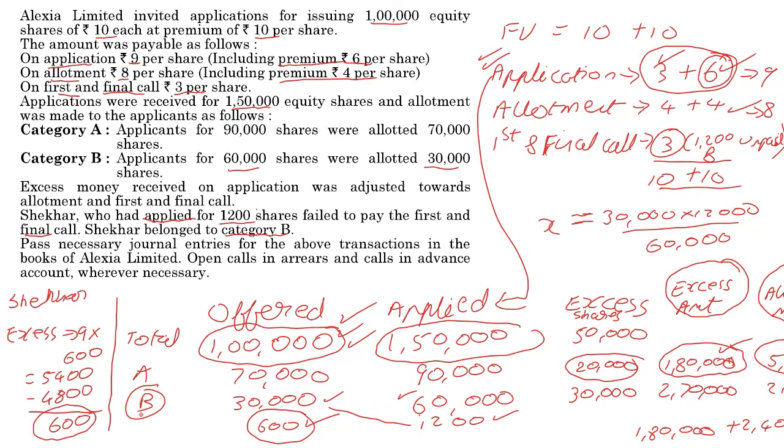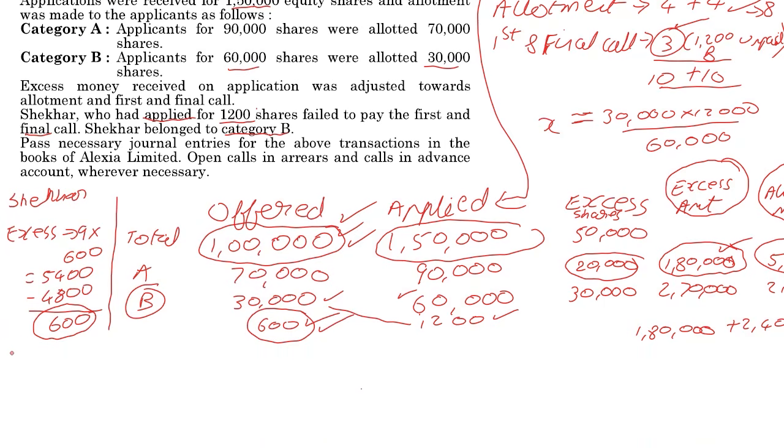But now at the time of first and final call, how much is he expected to pay? He is expected to pay 3 per share into 600 shares, which is 1,800. So at the time of first and final call, he was supposed to pay 1,800, but his balance was 600.